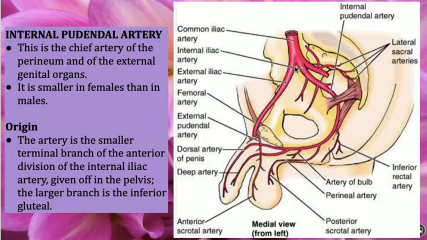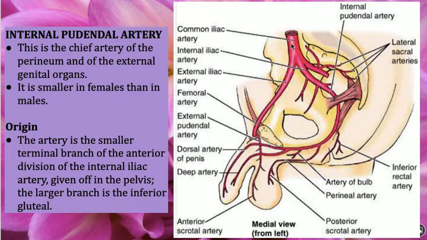Coming to the other content, that is the internal pudendal artery, which is the chief artery of the perineum and of the external genital organs, smaller in females than in males. Origin: the artery is the smaller terminal branch of the anterior division of the internal iliac artery, given off in the pelvis.